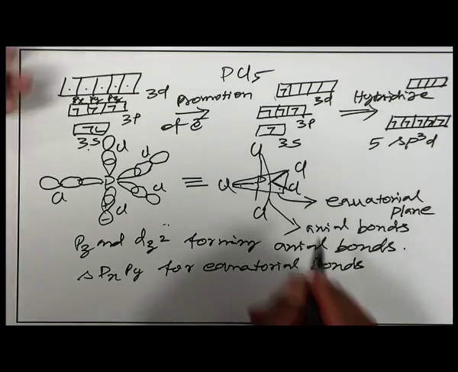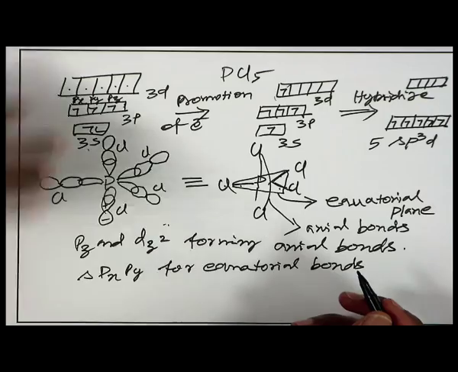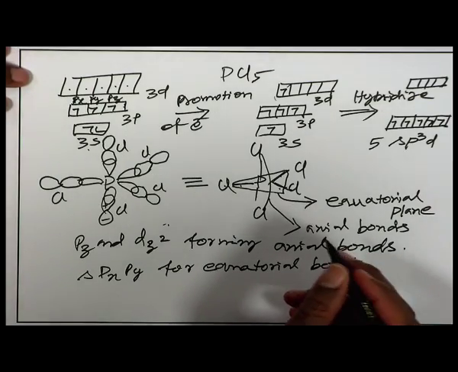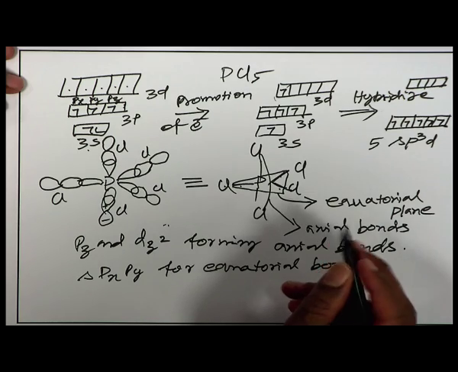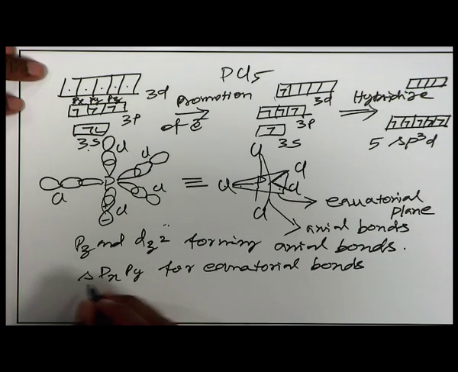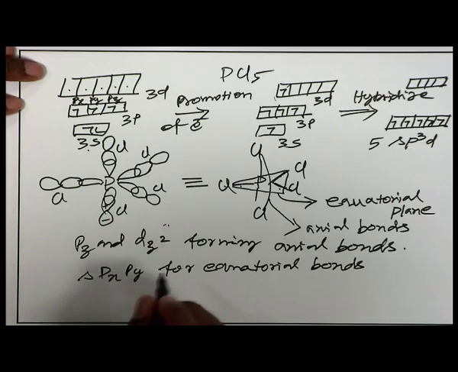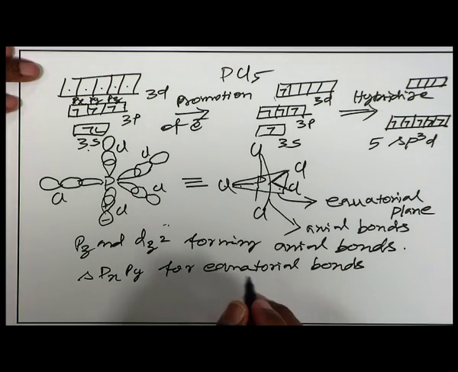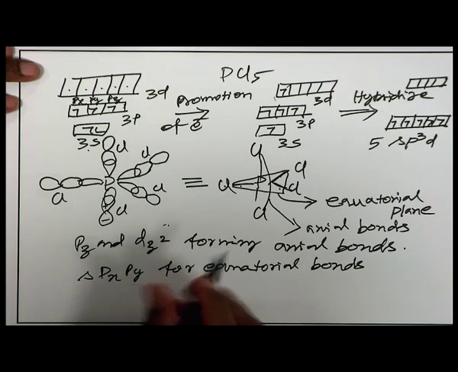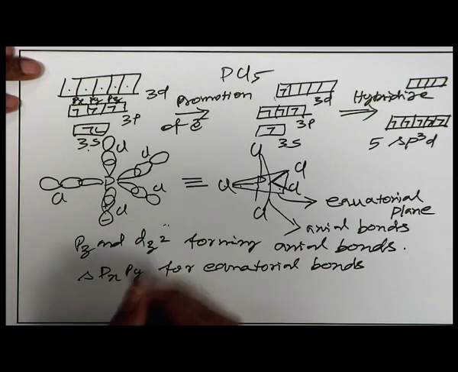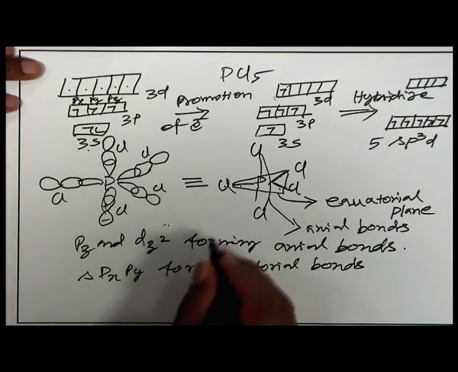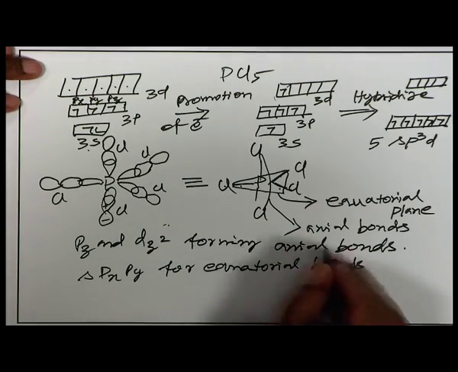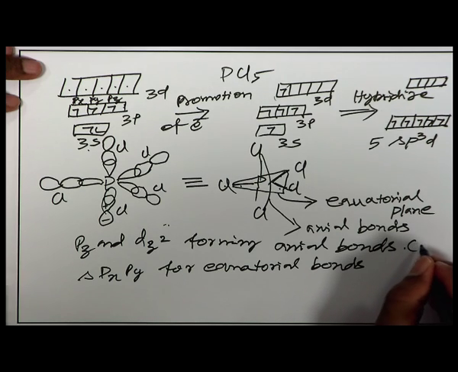As a result, they are different in terms of bond energy, in other words, bond strength. Actually, sp2 hybridized orbitals are good for forming stronger bonds. So, those bonds are shorter compared to those from the pz and dz square orbitals, which are longer. So, the axial bonds are a little bit longer.